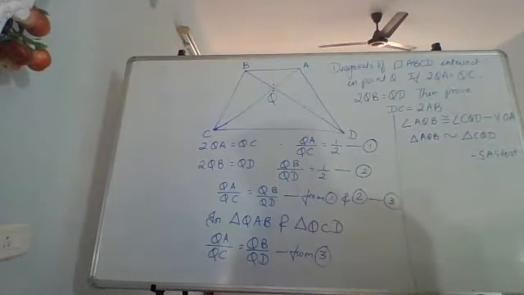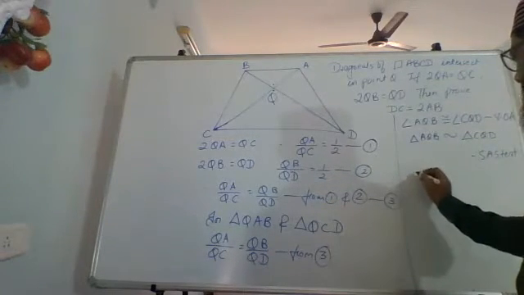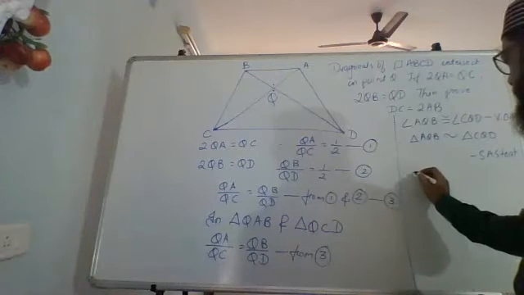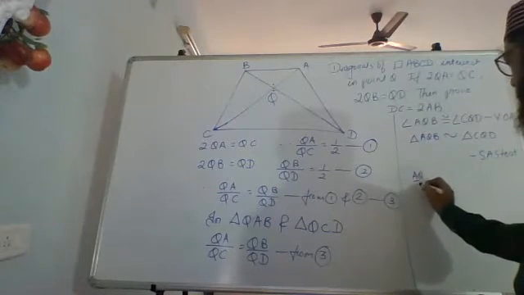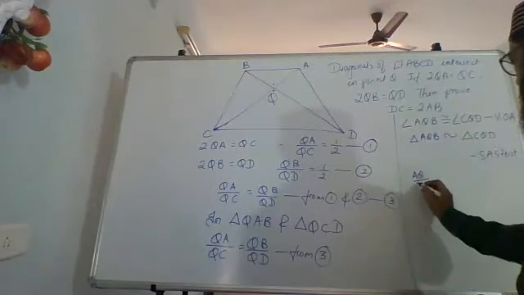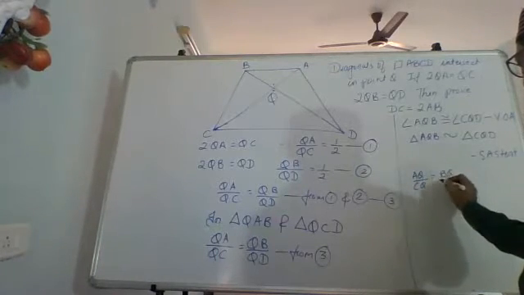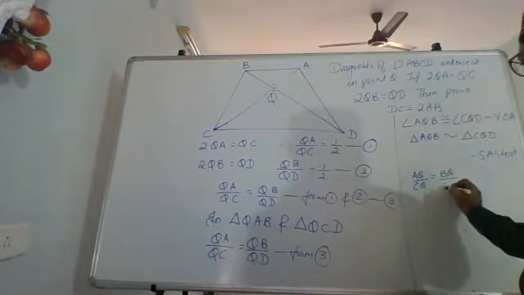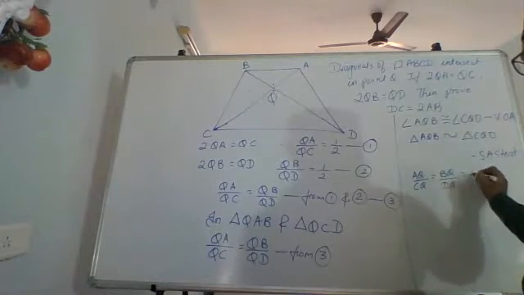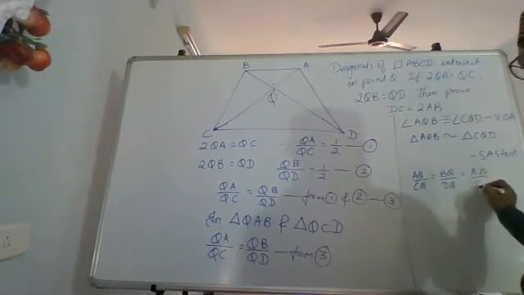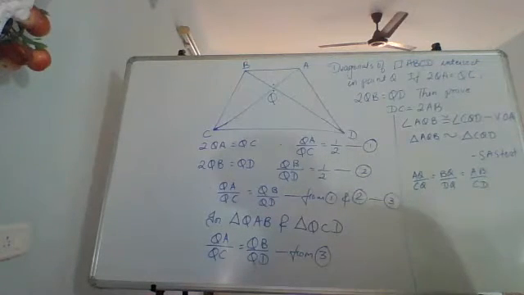If the triangles are similar, their sides are always in proportion. Therefore, AQ upon CQ equals BQ upon DQ equals AB upon CD.